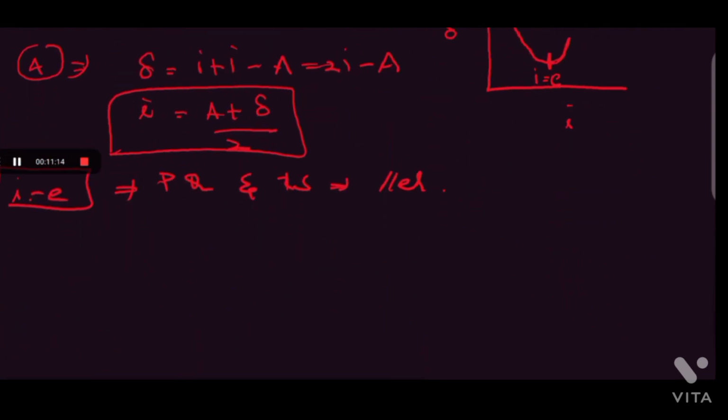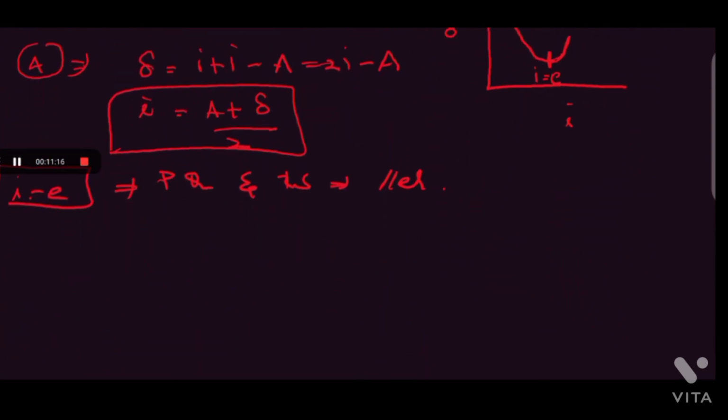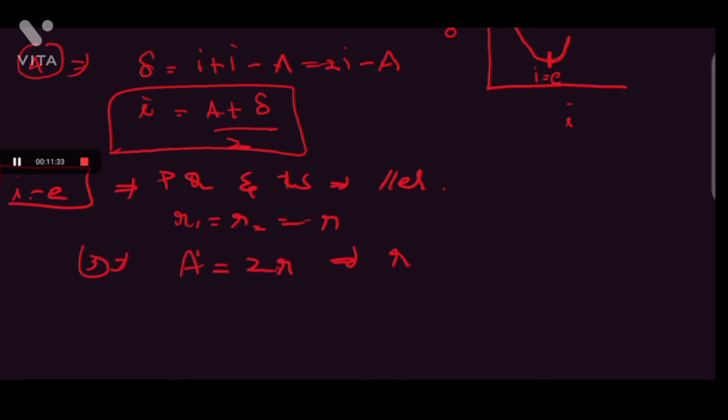So we can come to the conclusion that if PQ and RS are parallel, R1 is equal to R2 is equal to R. From equation 3, A is equal to 2R, in which R is nothing but A by 2. Now I got what is I and what is R.